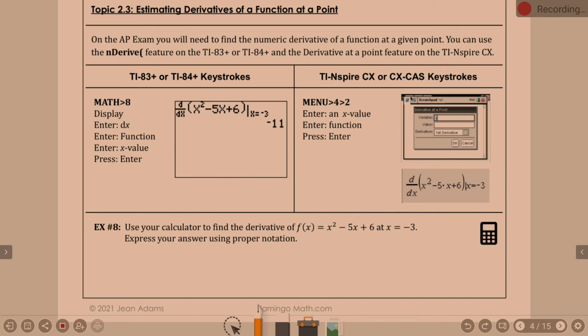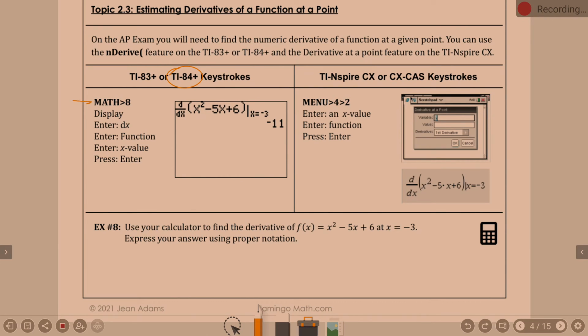On the AP exam, you will need to find the numeric derivative of a function at a given point. You can use nDeriv, which is what it is on the TI-84 Plus, whereas she uses the TI-Nspire, and that's a different thing. We're going to be talking about the TI-84 Plus. There's a couple different ways to do it.